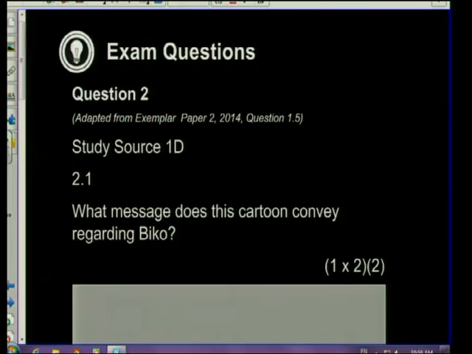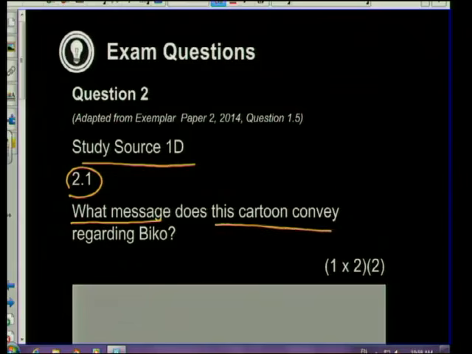If we look at question 2, 2.1, it says, study source 1D. 2.1, what message does this cartoon convey regarding Biko? 2.2, comment on the significance of the caption in the cartoon, which is Biko, 20 years on, an indelible legacy.